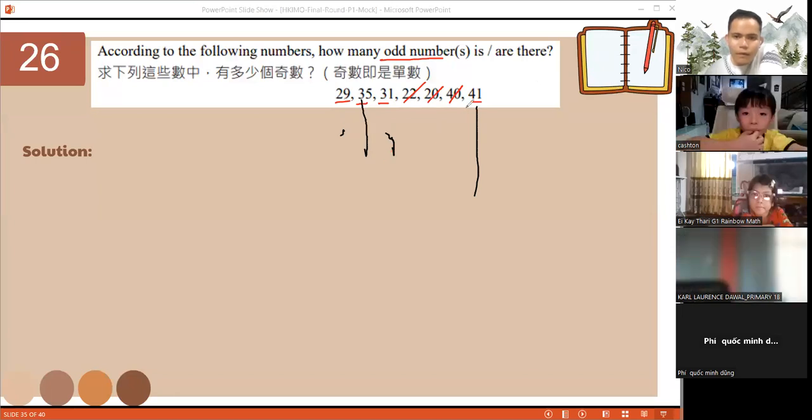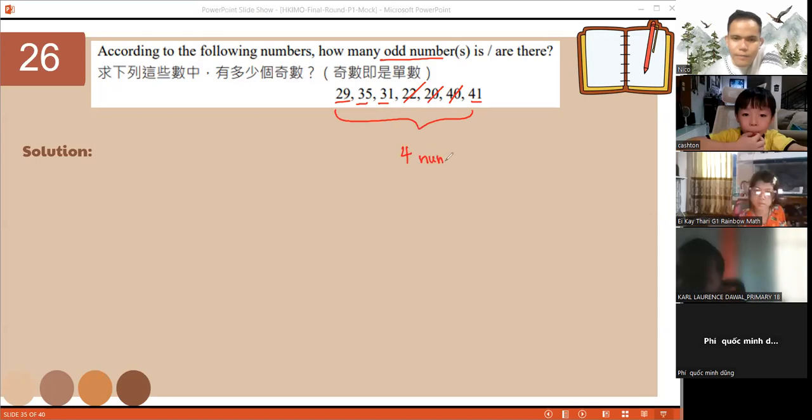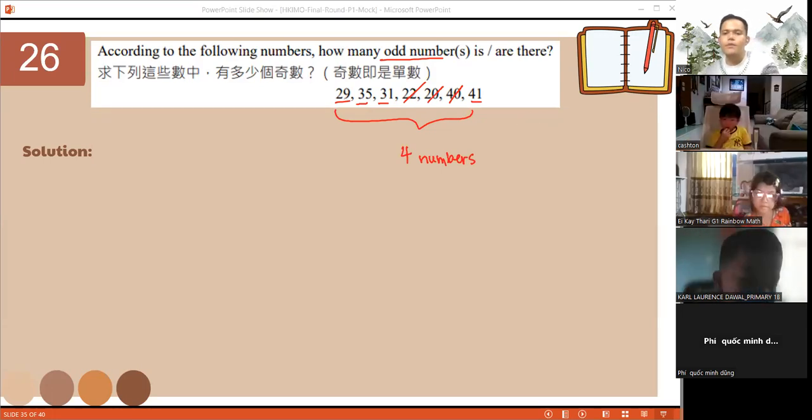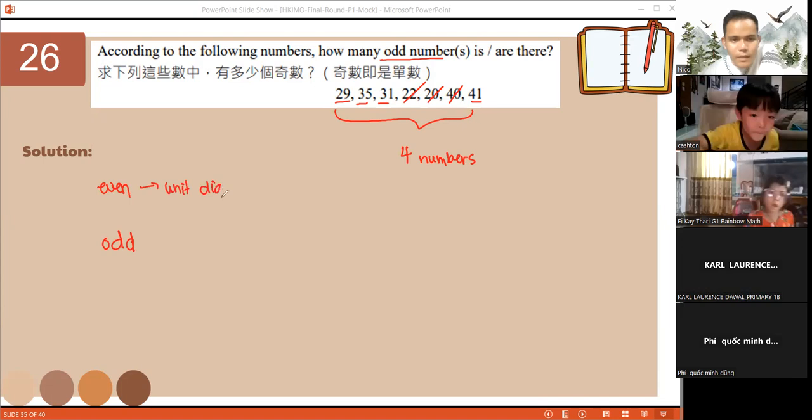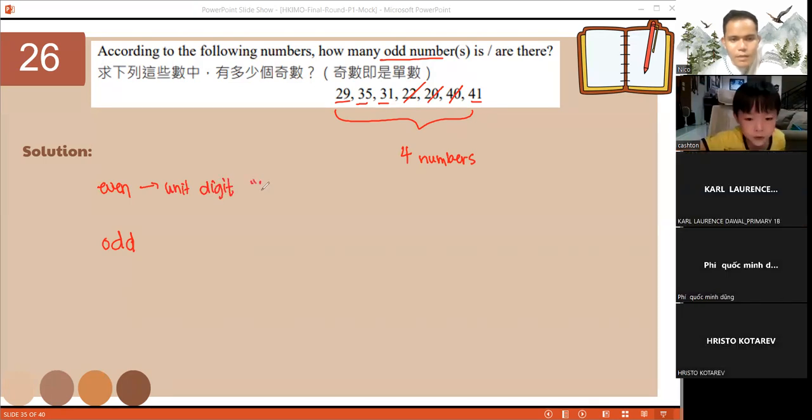So there are 4 numbers. Only 4. Okay. So how do you determine if it's even or odd? So even and odd, right? The unit digit is 0, 2, 4, 6, or 8.